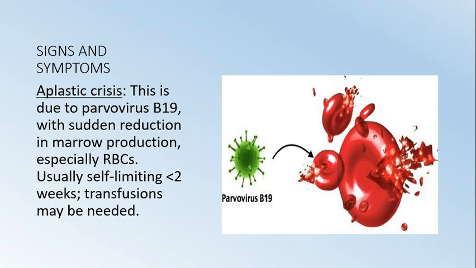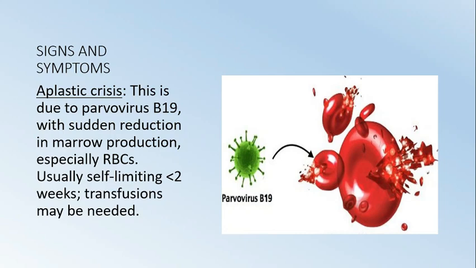Next, we see aplastic crisis, one of the crises linked with sickle cell disease. This is due to infection with parvovirus B19, with sudden reduction in marrow production. So this parvovirus, when infected, causes a lot of damage, an aplastic anemia crisis.